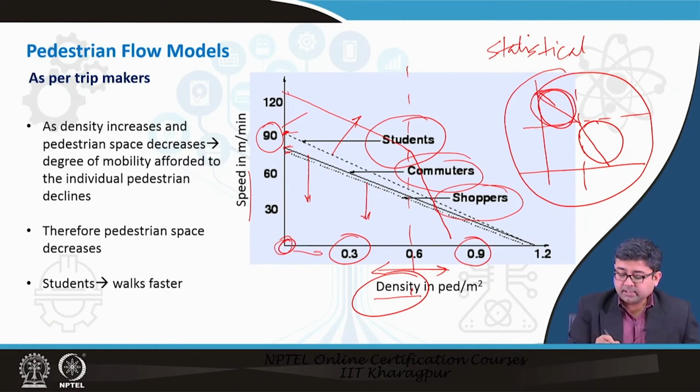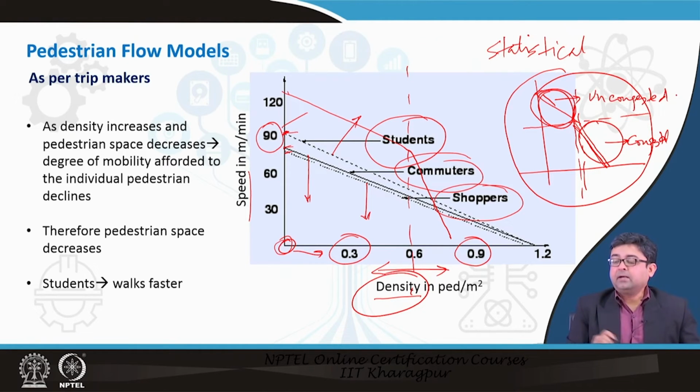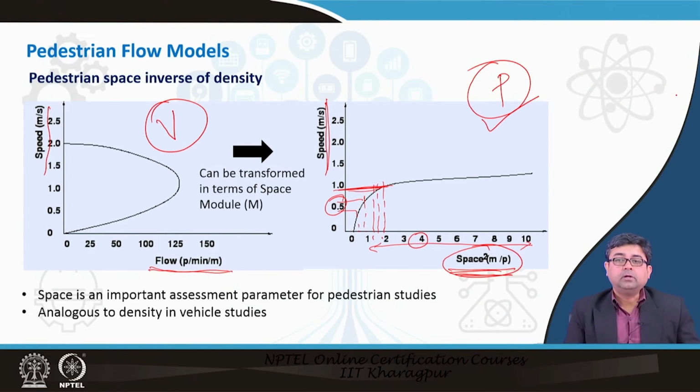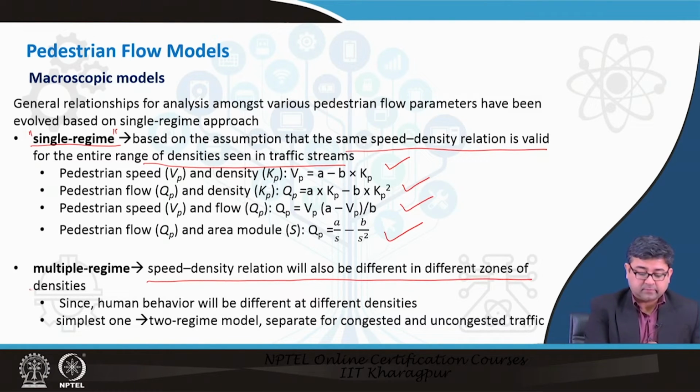As the density increases, your speed reduces, but beyond a certain density, it is a congested flow situation. So, this half is a congested flow situation, whereas this is an uncongested flow situation, and your behavior changes. What people are now looking at more and more is that the speed density relation will be different in different zones of densities.